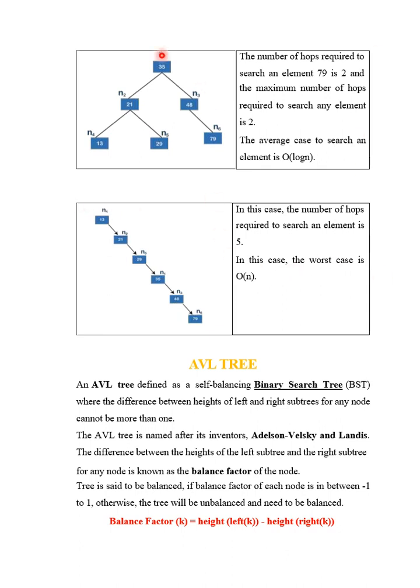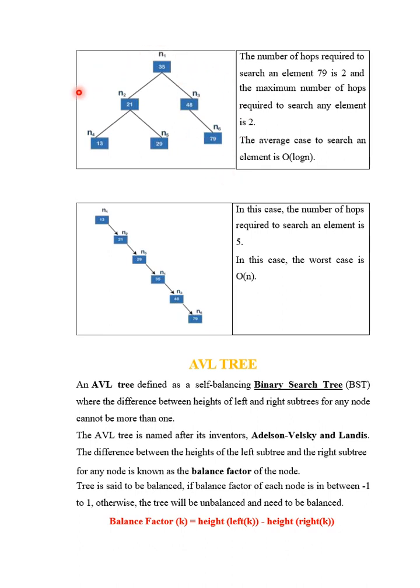See this example. Here N1 is the root node and N4, N5 and N6 are the leaf nodes. Consider the number of hops required to search for the element 79. The number of hops to search is 2.